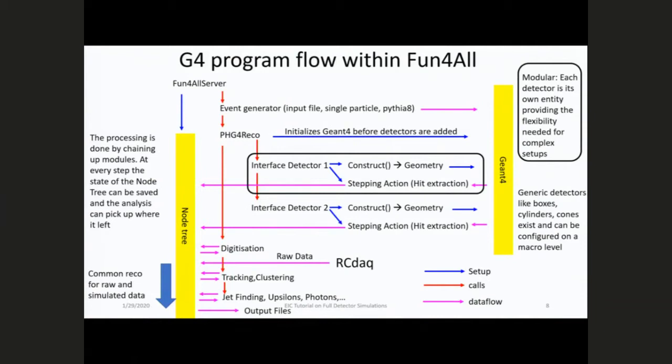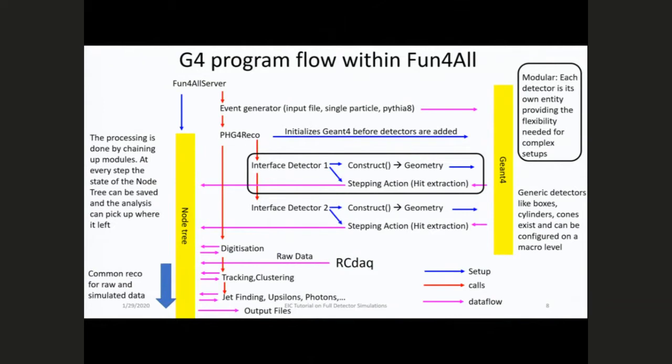Detectors themselves are implemented, with naturally an interface routine between this one and G4Reco. The only thing necessary for a detector is that you provide a construct method, just like in Geant4. It is actually the Geant4 construct method. And then you need a stepping action. For every step, as Jaroslav mentioned, this thing gets called, you have to figure out if it's actually your detector, and if so, you have to do certain things.